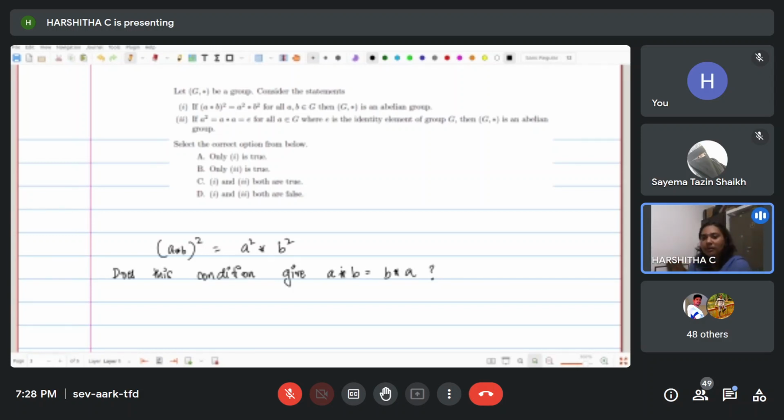So think of all the group properties that you have seen, and from that, can we derive that it is abelian, or if not, do you have an example where it isn't? Any answers? No guesses?